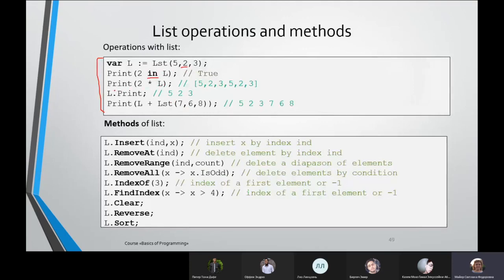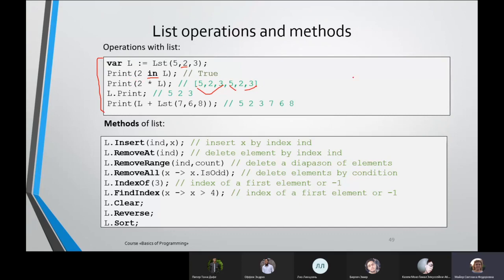And also we can use multiplication. It determines how many times the list will be repeated. So we have 5, 2, 3, and we do it twice, because we have 2 times L. Yes, so 3, and again 5.